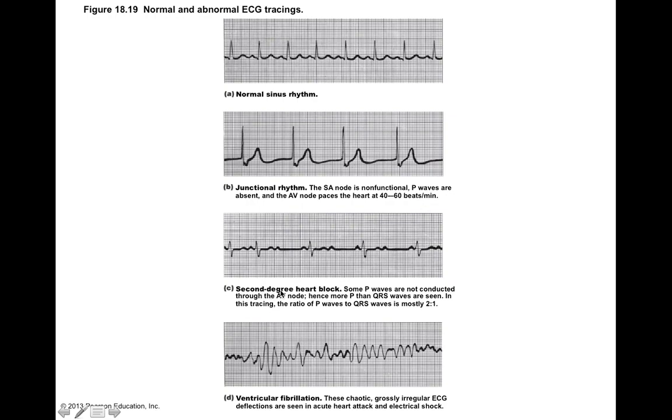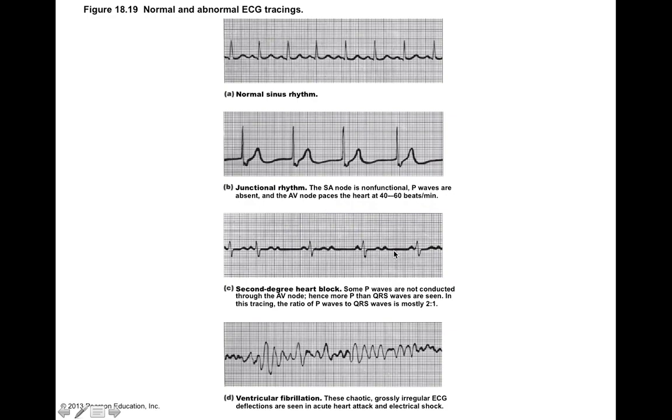And with a second degree heart block here, you guys, what we're seeing is that there are multiple non-conducted P waves. If you look up on this graph, we have P, QRS, T, right? But then here's a P wave, and nothing happens. You guys see that? And then we get a P, QRS, T, P, P, QRS, T. What should have happened after that P wave?